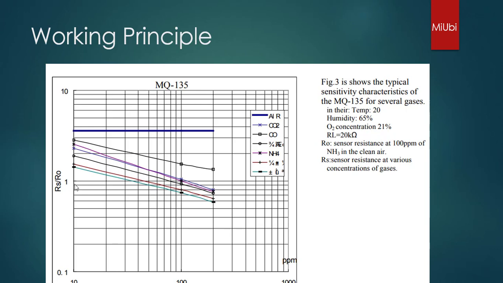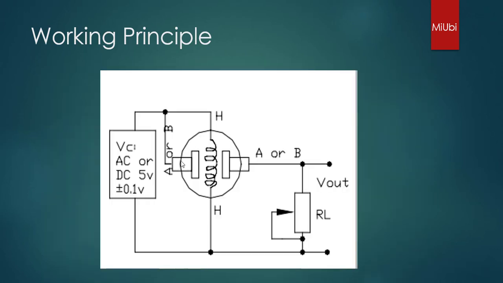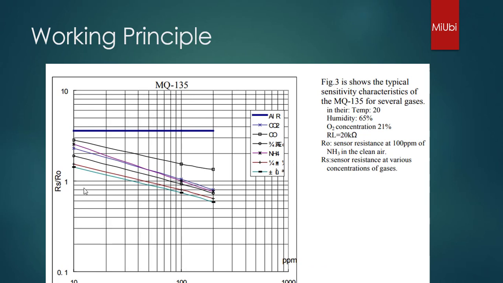This is an averaged value, Rs by R0, where Rs is the resistance of the sensor and R0 is the resistance at 100 ppm of NH3 in clean air. So this is taken as the actual reference. A concentration of 100 ppm of NH3 in clean air is taken as the reference R0, and Rs is the sensor resistance at various concentrations of gases. If you see the normalized figures, the values of Rs by R0 vary like this.